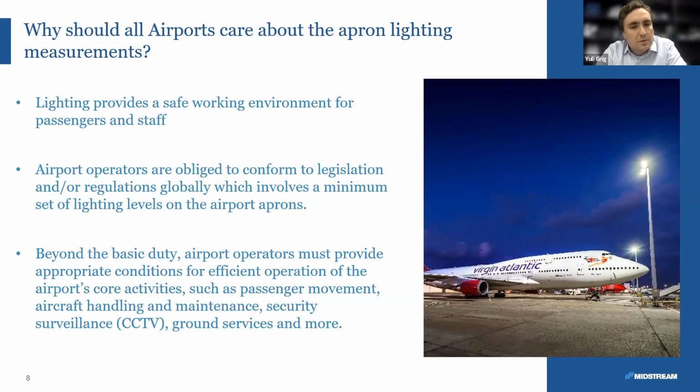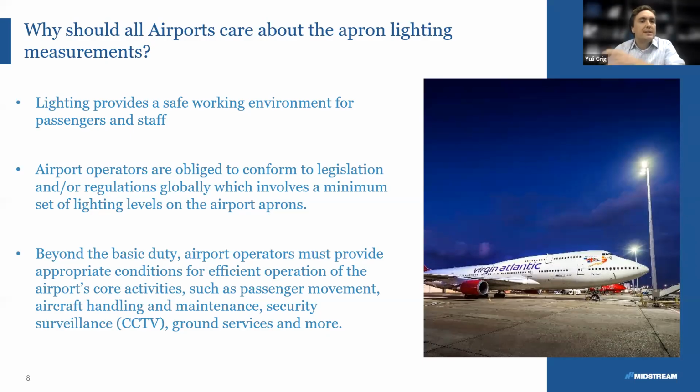Now, apart from the fact that that's an element of safety and safe work environment, airports have to conform to legislation and also regulation, globally. So there are always regulations that mandate the minimum level of lighting on airport aprons. And we'll talk a little bit about what they are in the next couple of slides.